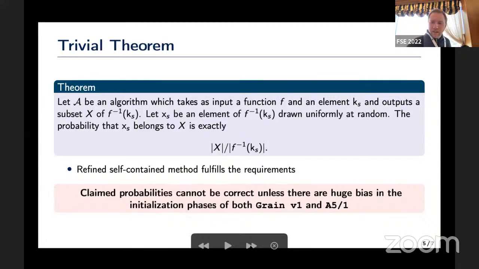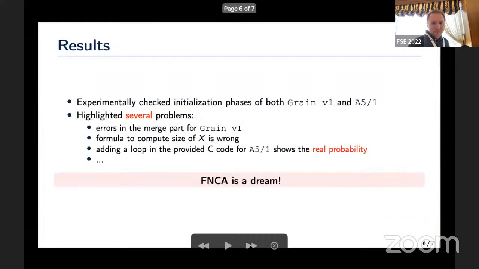Obviously, this is not true. And we found several other problems in both papers. What is very weird is that in both papers, they say that they performed a lot of experiments to check the results, while we just added a loop in the C code they provided, and we found that the probabilities do not match what they say in those papers.